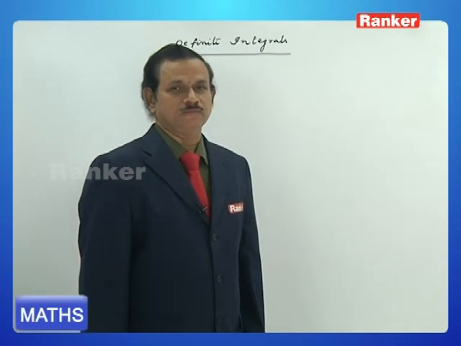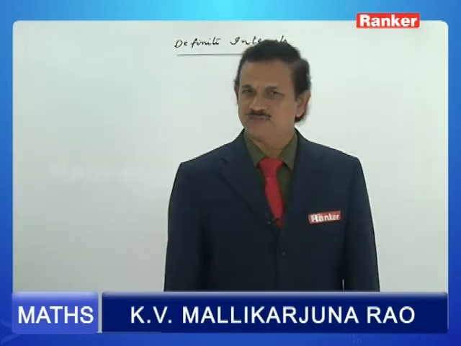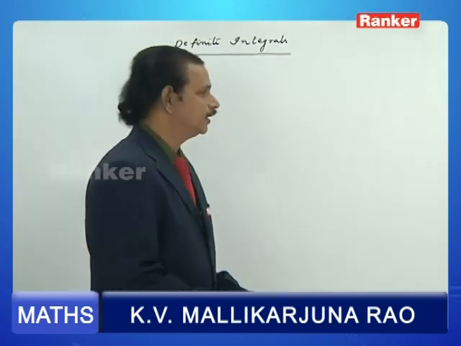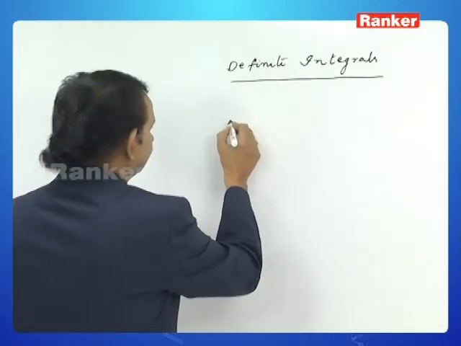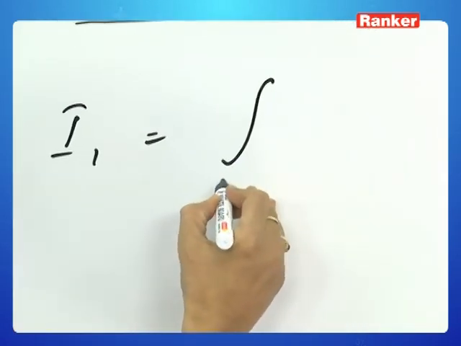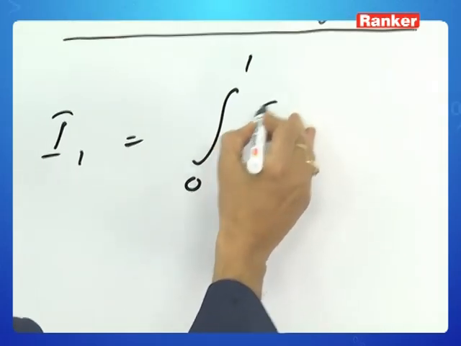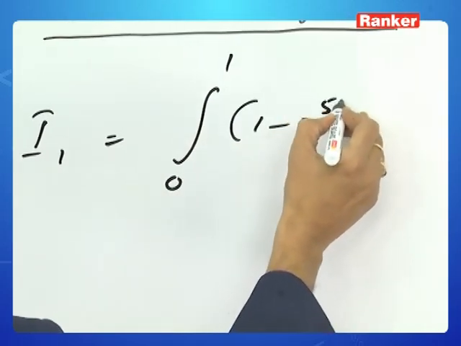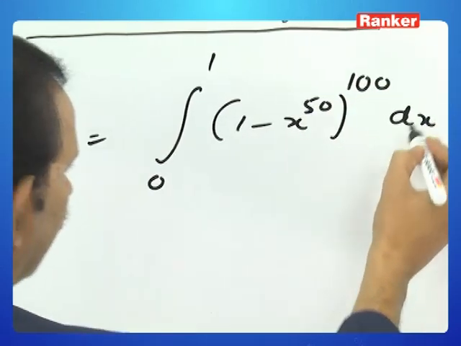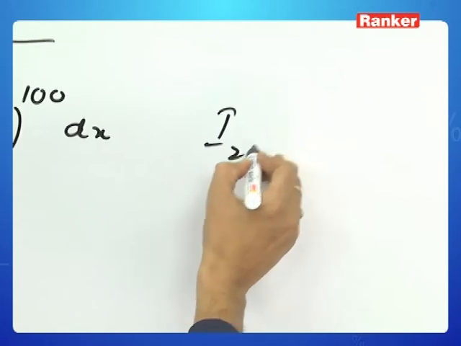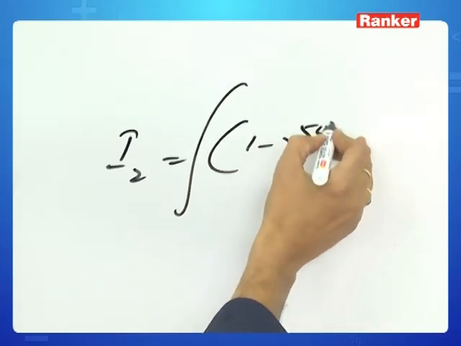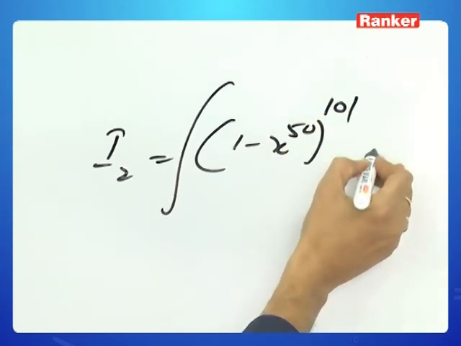In this session, we shall go through some more special problems in definite integrals. Consider I1 is equal to integral 0 to 1 of (1 minus x to the power of 50) whole to the power of 100, and I2 is equal to integral 0 to 1 of (1 minus x to the power of 50) whole to the power of 101.